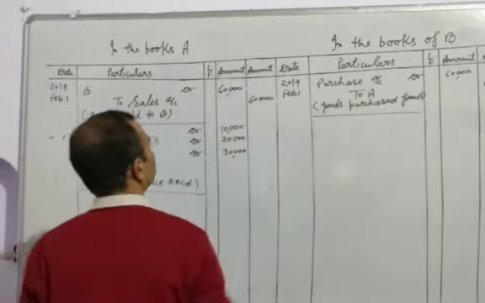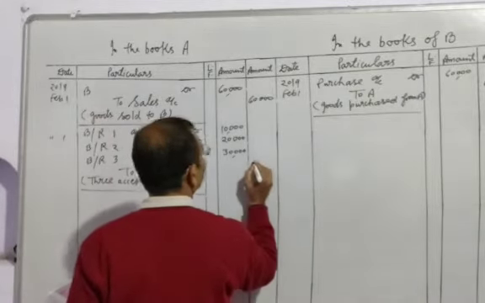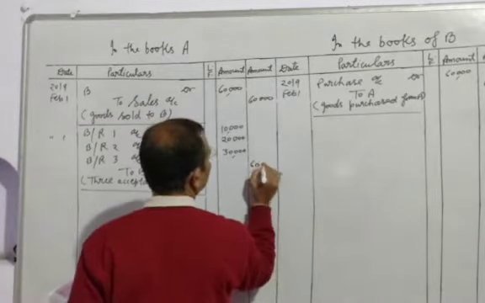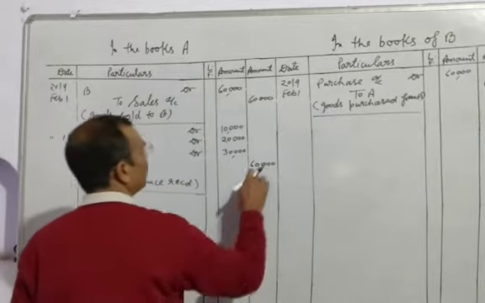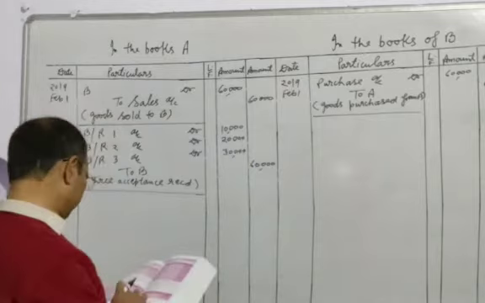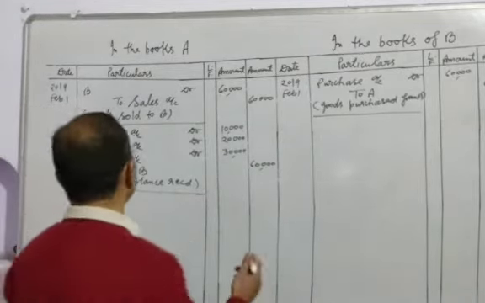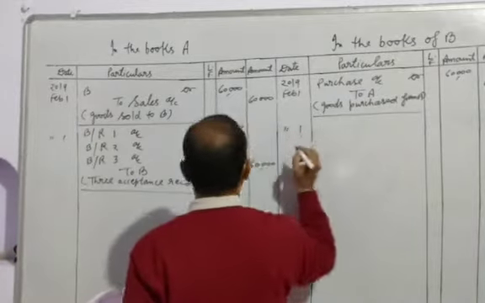Now we will add these amounts, and the total would be 60,000. We will write it in the amounts column of credit. Okay. Now we will make the opposite entry.